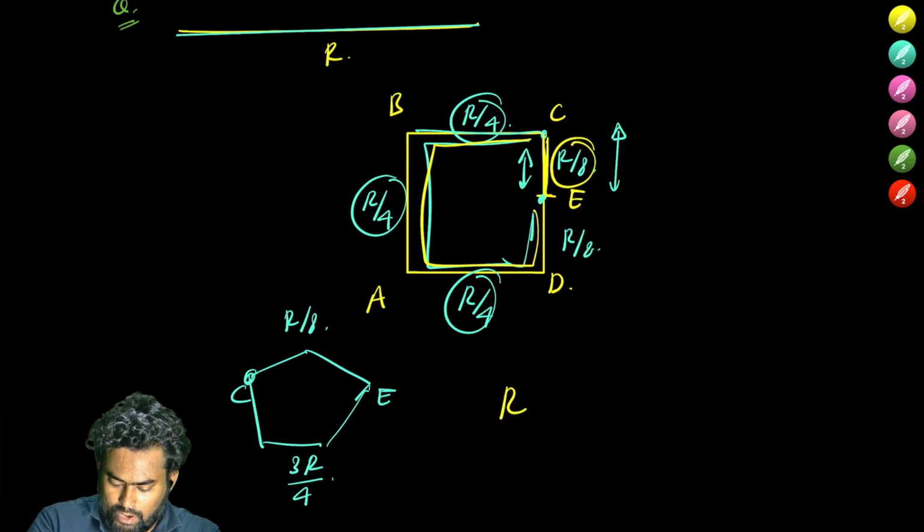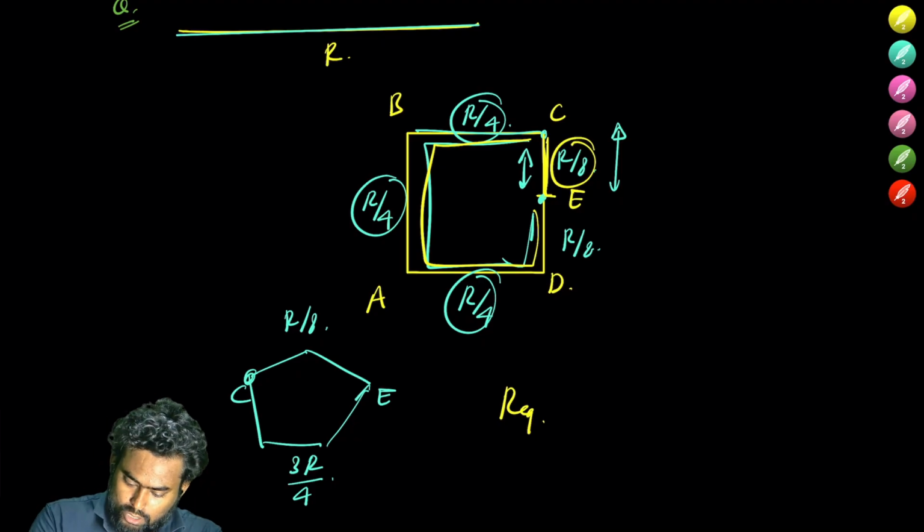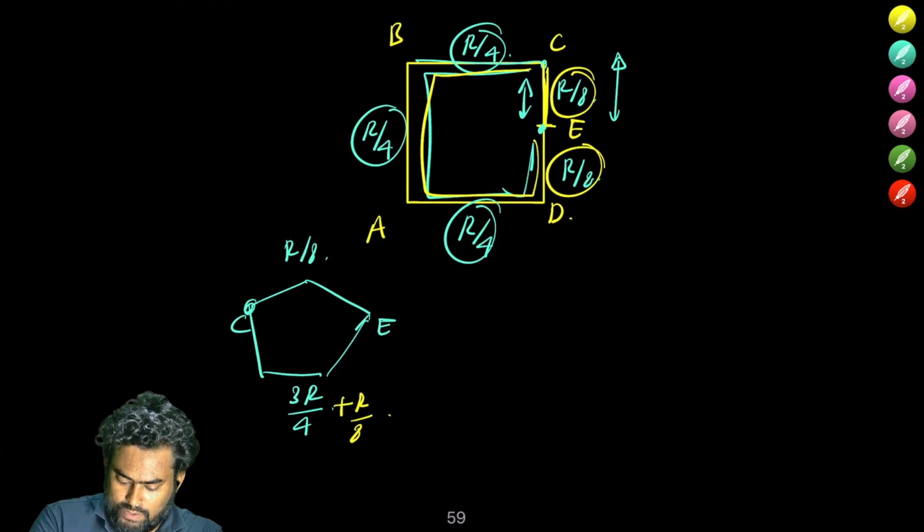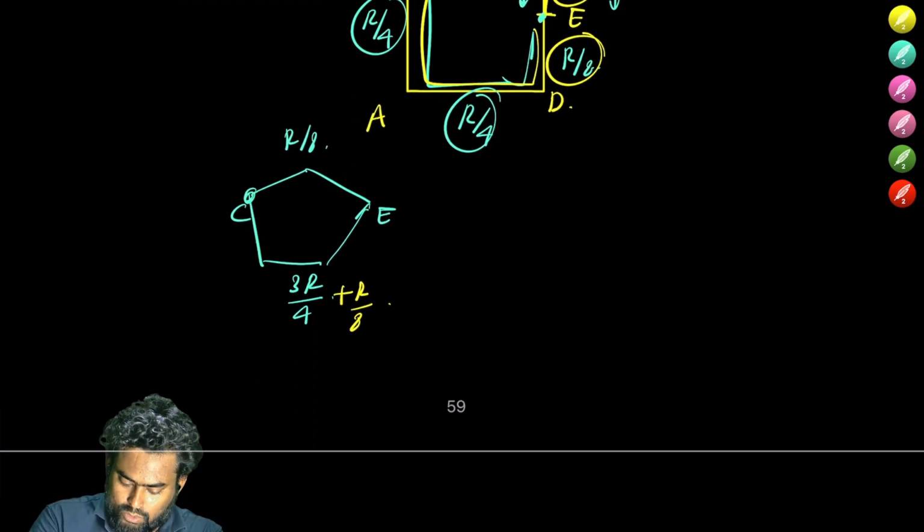So what will be the value of R equivalent? Oh sorry, 4R by 3 plus R by 8. When you do 8, 6 plus 1, 7R by 8.